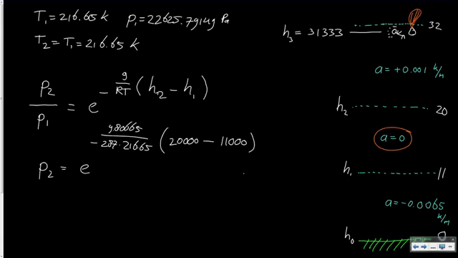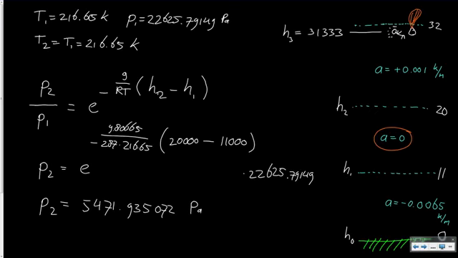And this all times the starting pressure, which was 22625, and then a little bit more behind the decimal. If we calculate this value, fill in all the numbers, you should get 5471.9, and depending on how accurate you saved your numbers behind the decimal, it might be different.